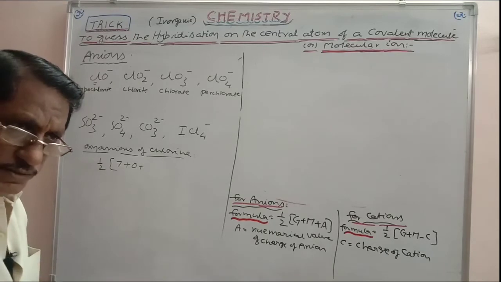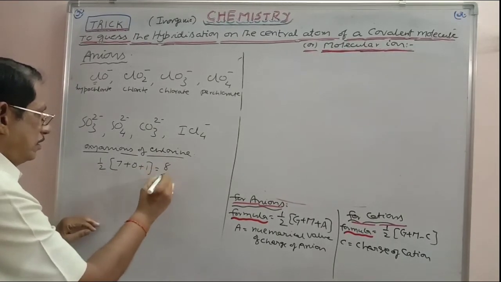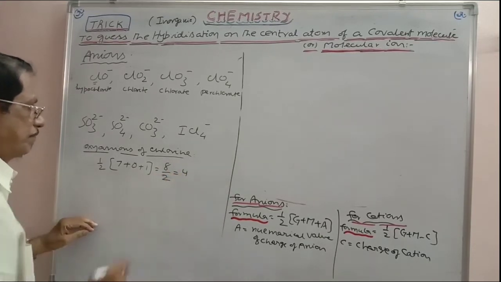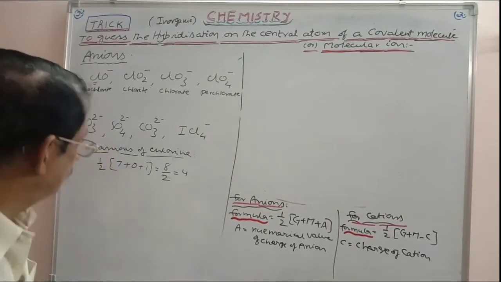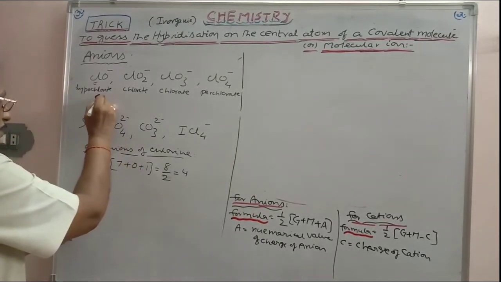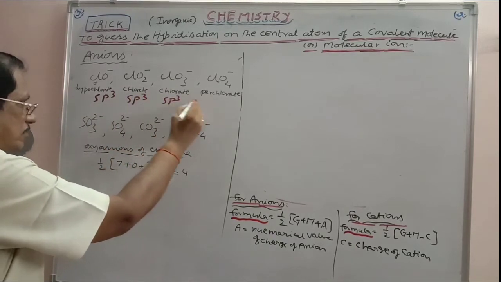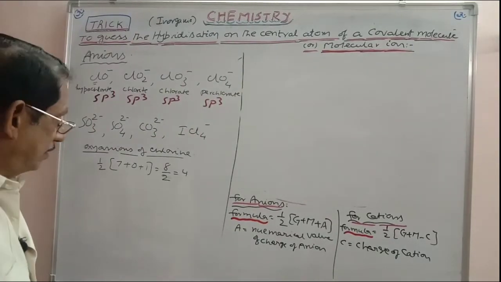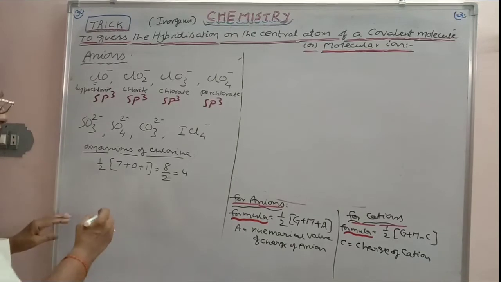Numerical value you have to take, not the sign. So plus 1. What is the total value? 8 by 2, that is equal to 4. 4 means what is the hybridization? sp3 hybridization. So in all these cases, chlorine undergoes the same type of hybridization, namely sp3. Right? Okay.